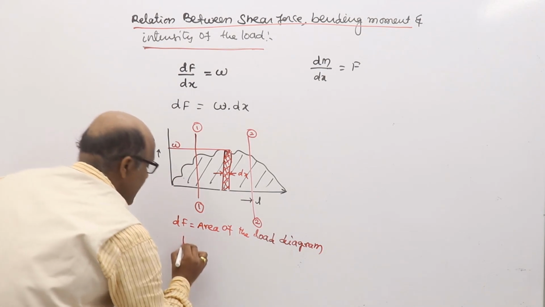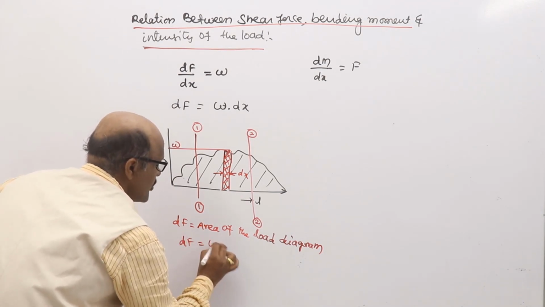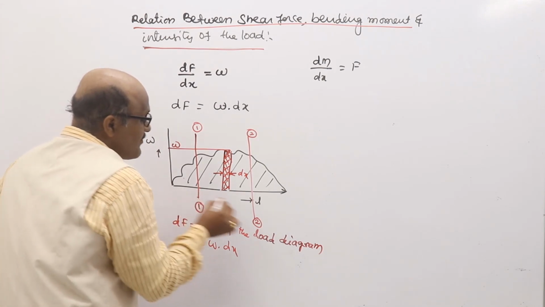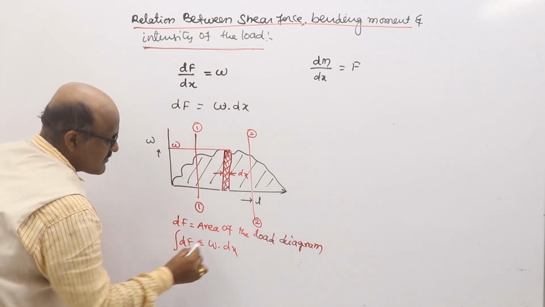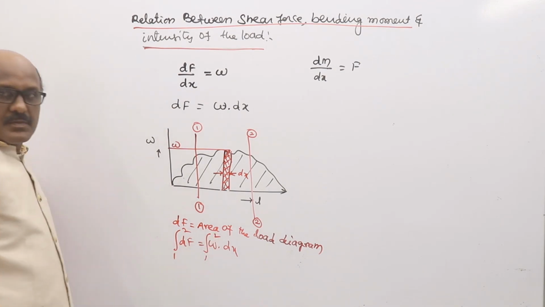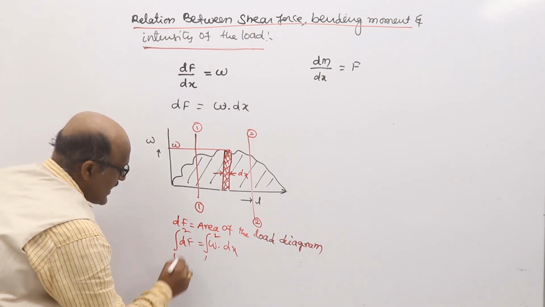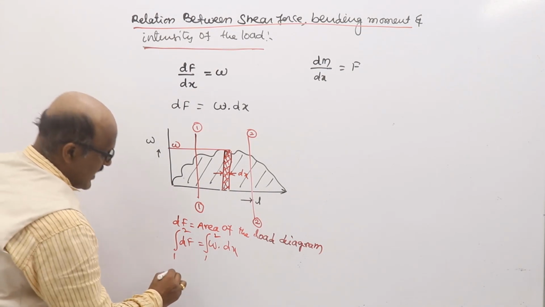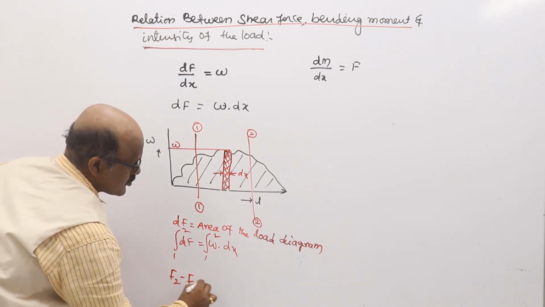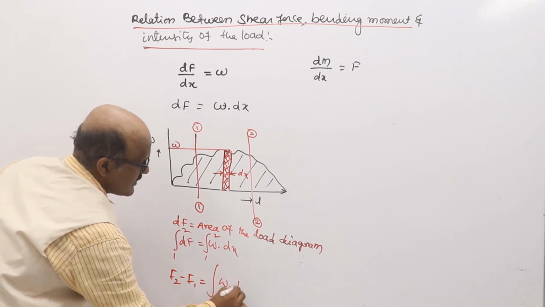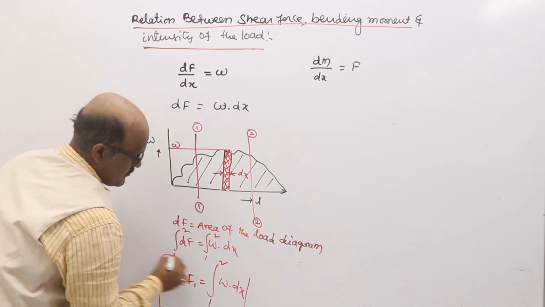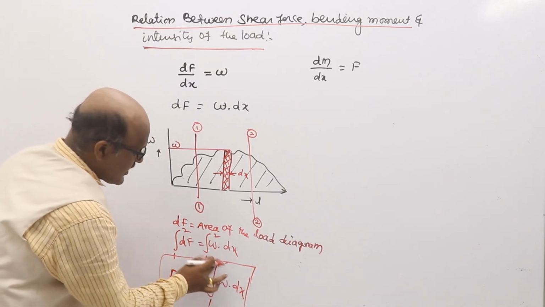Now dF is equal to w into dx. I want to find out the shear force between the 2 points. I am integrating this between the limits 1 to 2. Integral of dF is nothing but F. So F2 minus F1 is equal to the integral of w into dx. What does this mean?